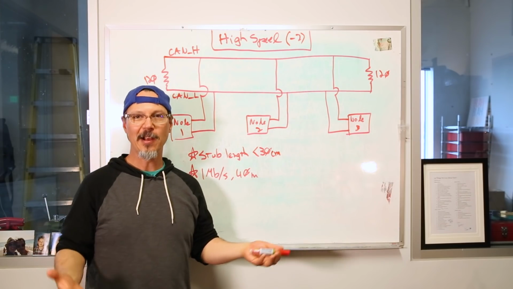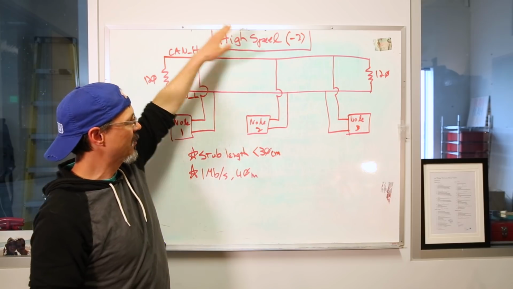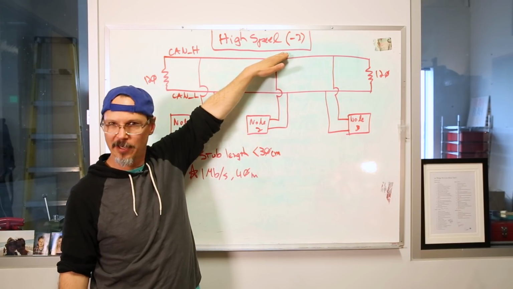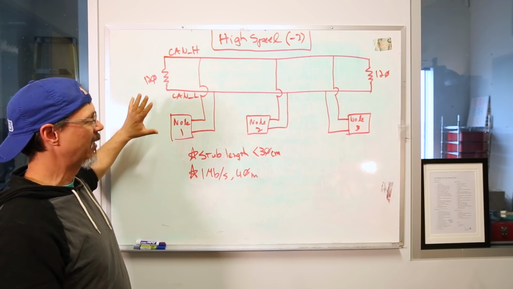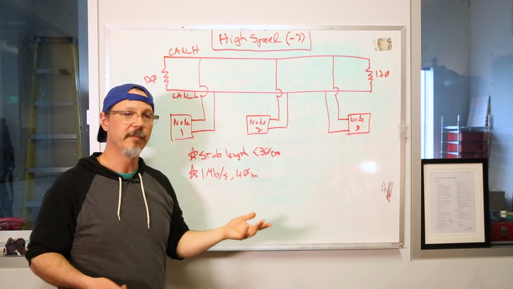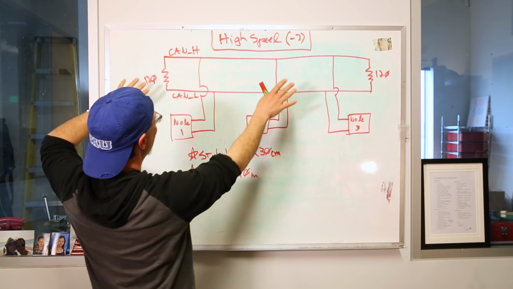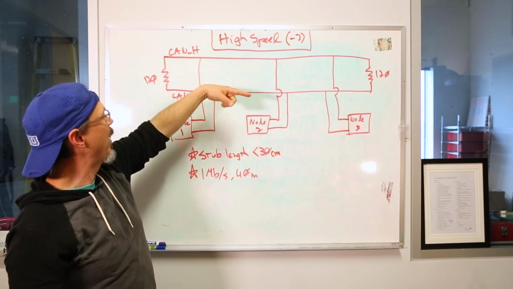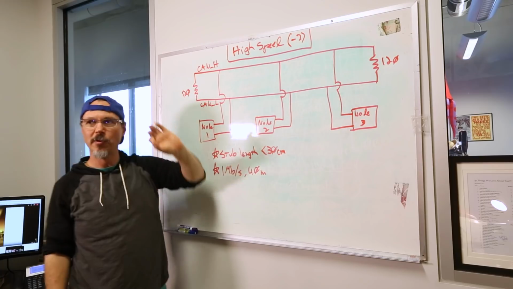So what does the bus actually look like? Well, let's start with the high-speed variation, which is ISO 11898-2. If you saw the last video, it looks a lot like what an RS-485 bus looks like. It is linear, twisted pair, terminated at either end of the linear bus with 120 ohm resistors.